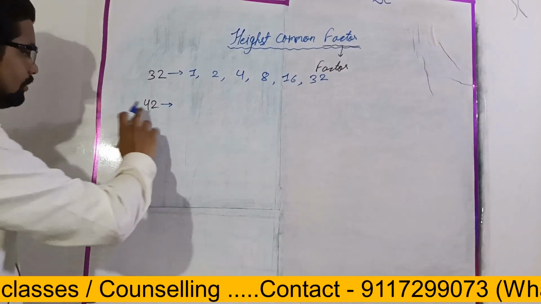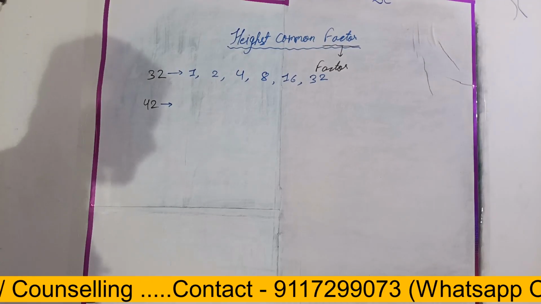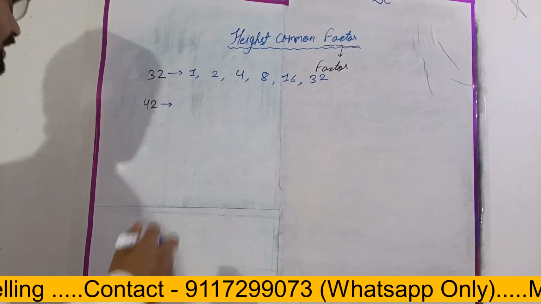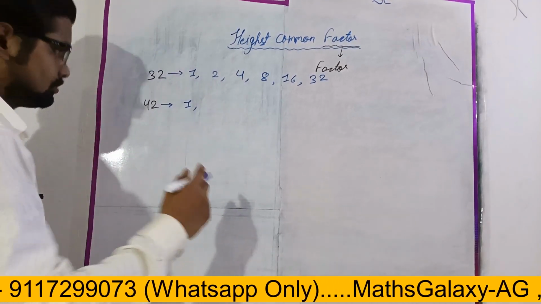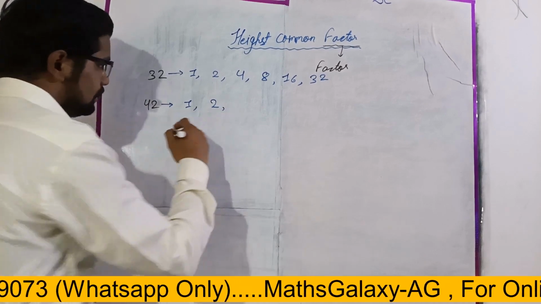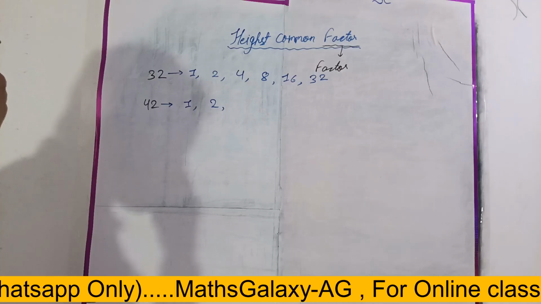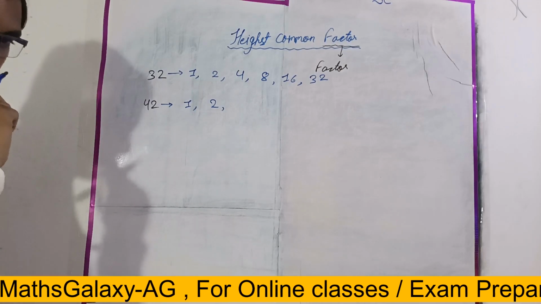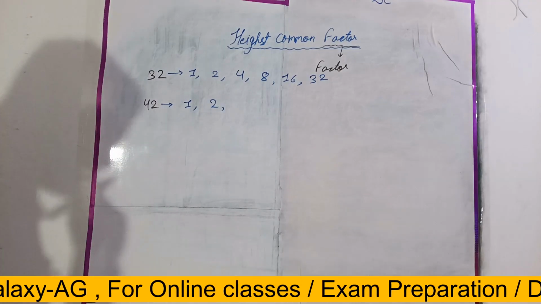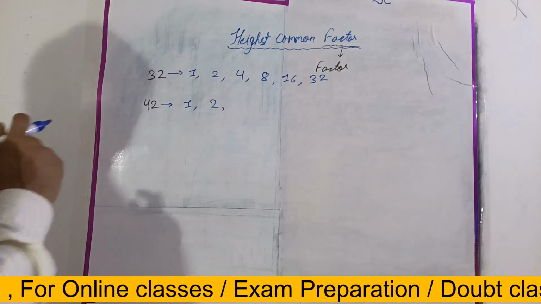Now for 42, let it start with 1, then 2. After this 3. Yes, 3.